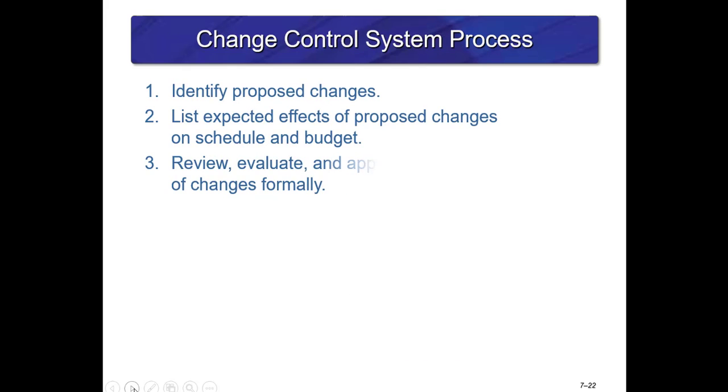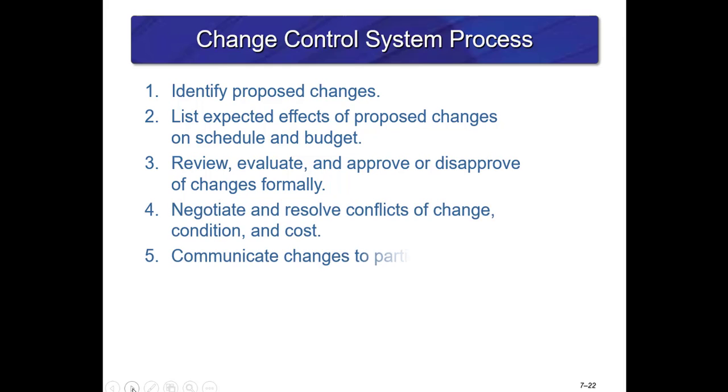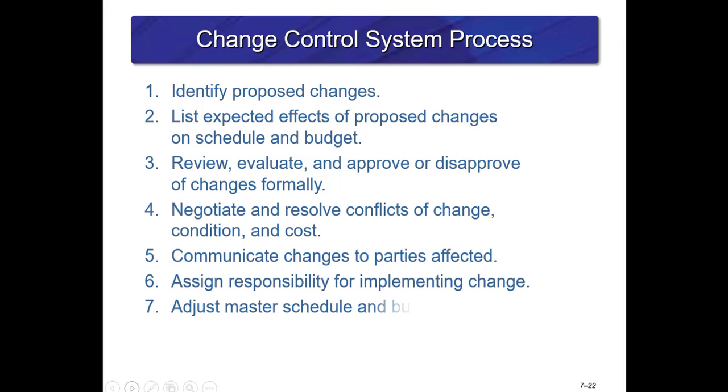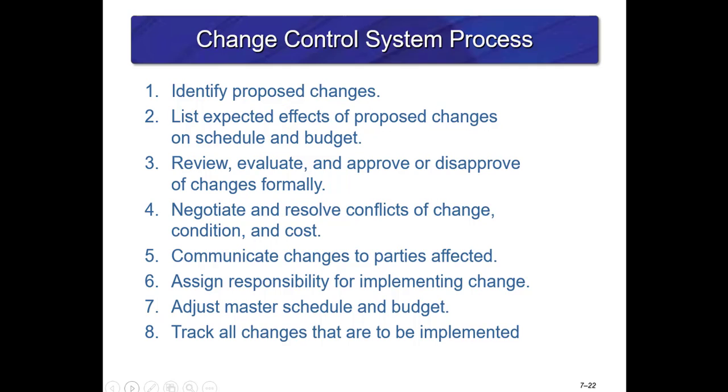The change control system process: identify proposed changes, list expected effects, review and evaluate, and approve or disapprove changes in a formal way so that it's documented, negotiating and resolving conflicts, conditions and costs, communicating changes, and so on. The important thing is that the project manager tracks all the changes that are to be implemented in some tool that is available and accessible by all.